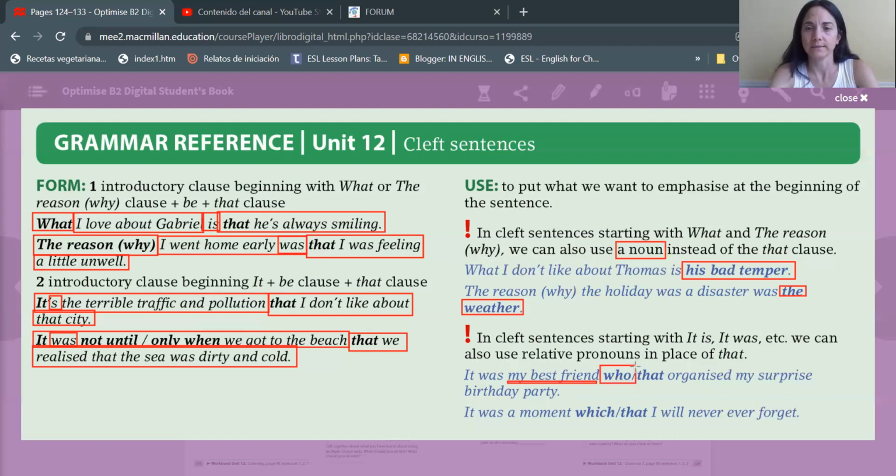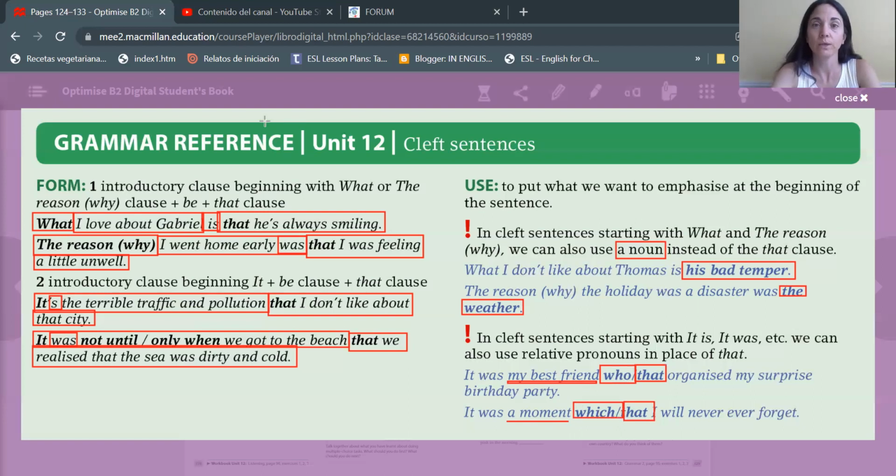It is an option. And if you have, it was a moment which I will never forget, or it was a moment that I will never forget, if we are talking about a thing, an object, an animal, you can replace that for which.